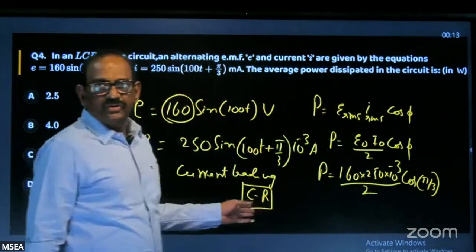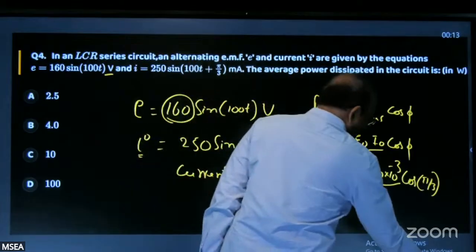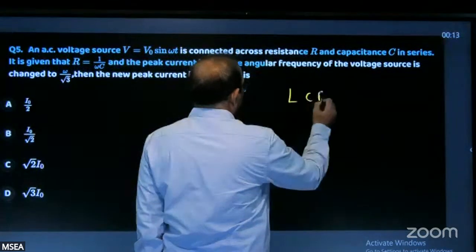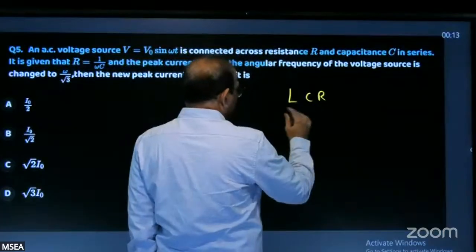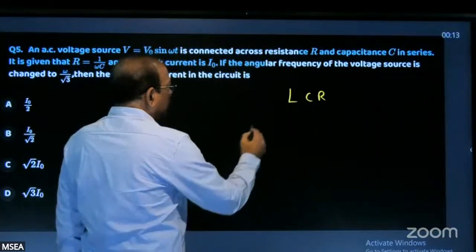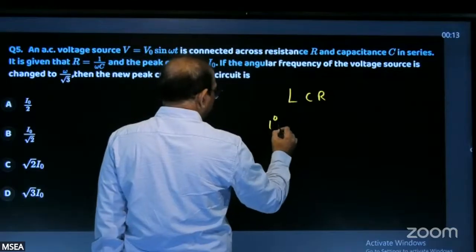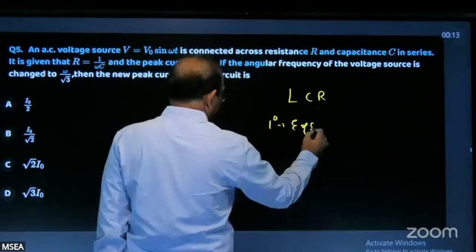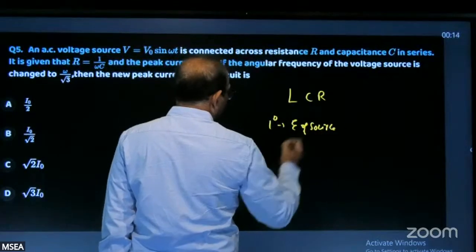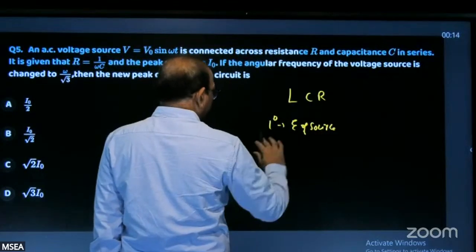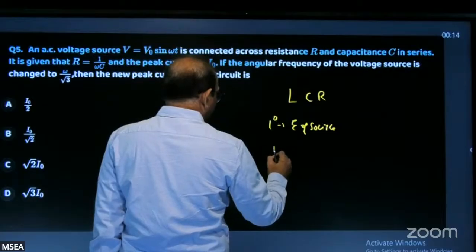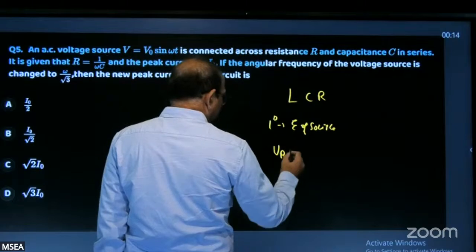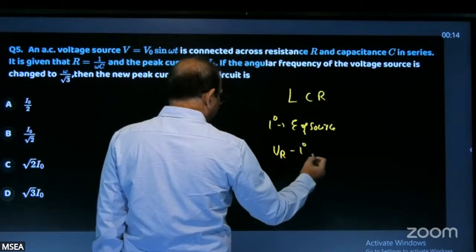Next, I'm moving to the next problem. Phase differences, one more. Suppose we have an LCR circuit, something like this. In this circuit, the phase difference between current and EMF of the source is different. Phase difference between VR and I is different.